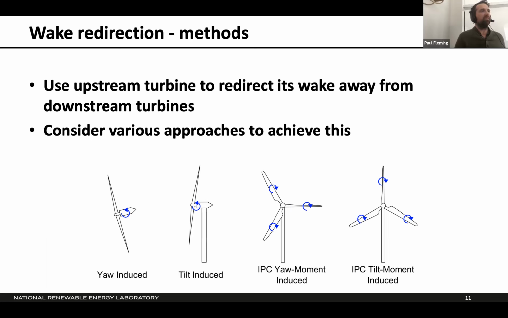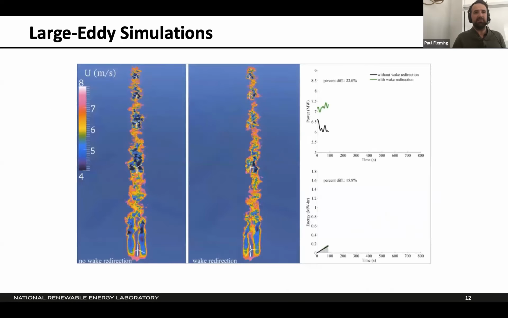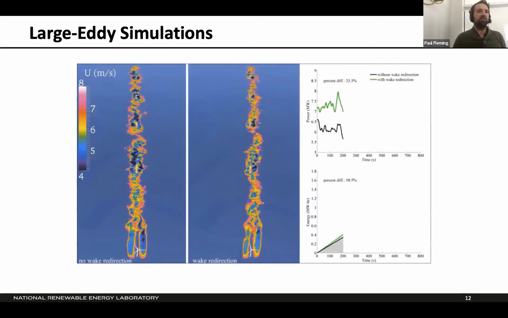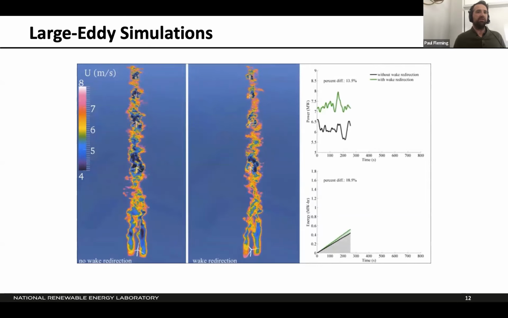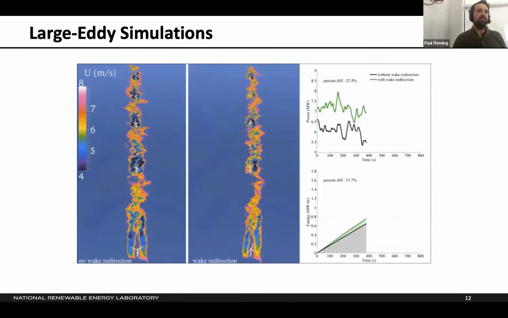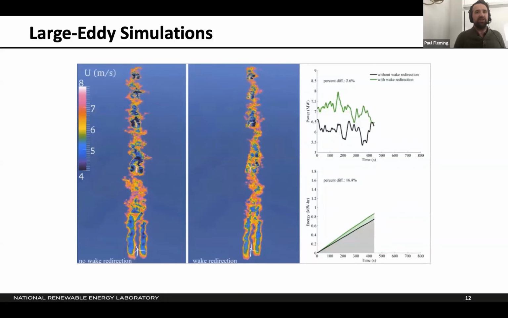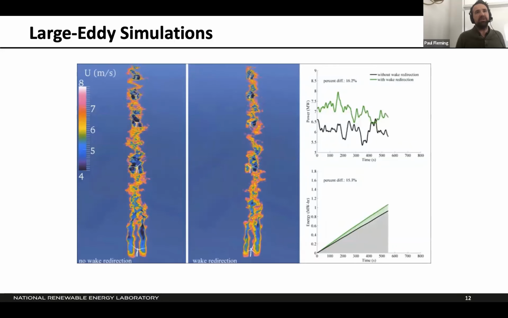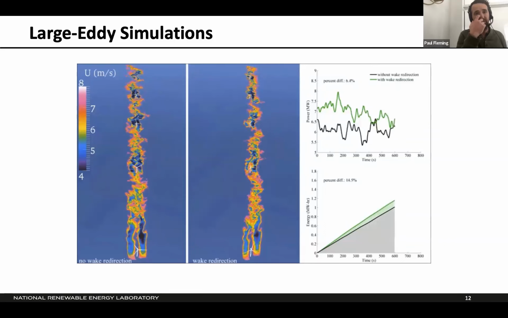And what we at NREL started doing was simulating these things in higher fidelity models. This is an example of a simulation we did, looking at what if we just take one of these high fidelity large-eddy simulations that's doing computational fluid dynamics, embed turbines in the flow, and simulate different control conditions. We did this for axial induction control and for wake steering, and from our simulations, wake steering was the more promising.